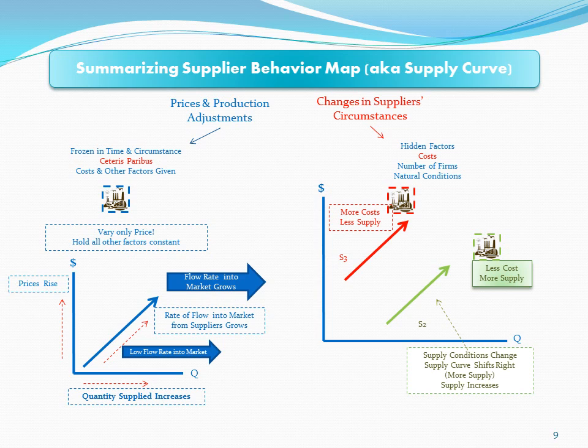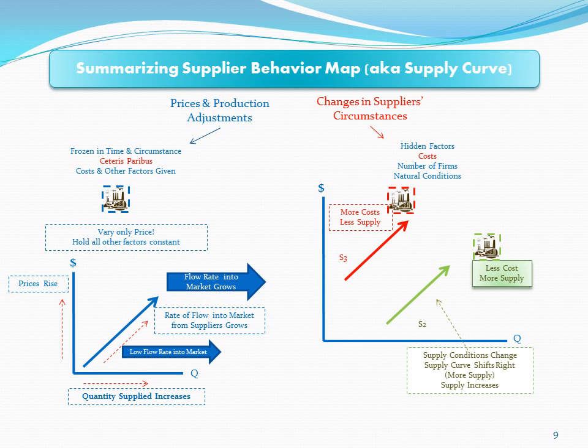Now here, these are changes in the cost structure. For example, an increase in the tax, or a renegotiation with labor unions for higher wages, or a bump up in petroleum prices, or a bump up in utility prices. Under ceteris paribus, all those things are held constant, but now we are changing some of those things.